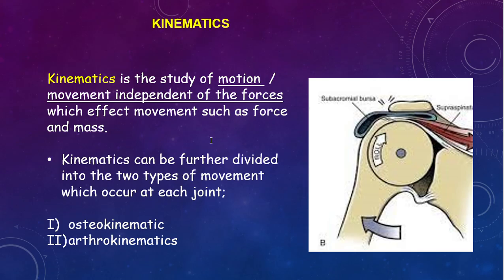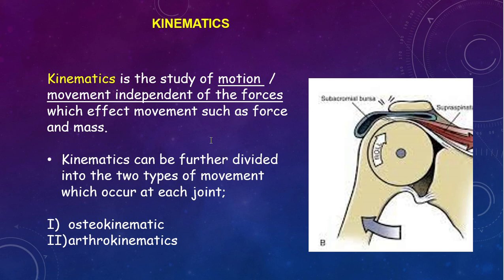When I ask you to move your arm straight in front of your body, that is bone moving away from bone, because the humerus is moving away from the glenoid cavity. So all the range of motion that we talk about in physiotherapy and related medical sciences, like flexion, extension. If the arm moves backward, it is extension.